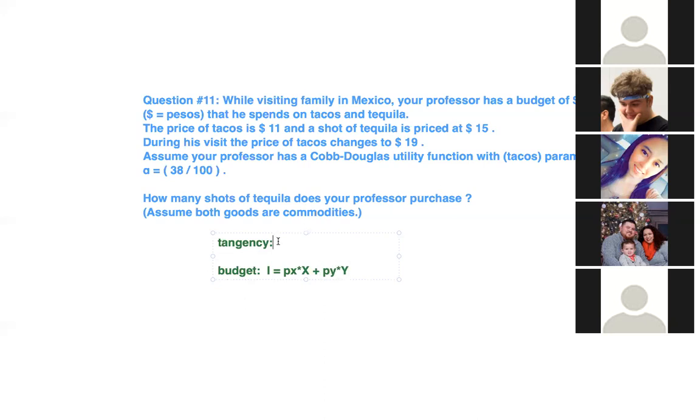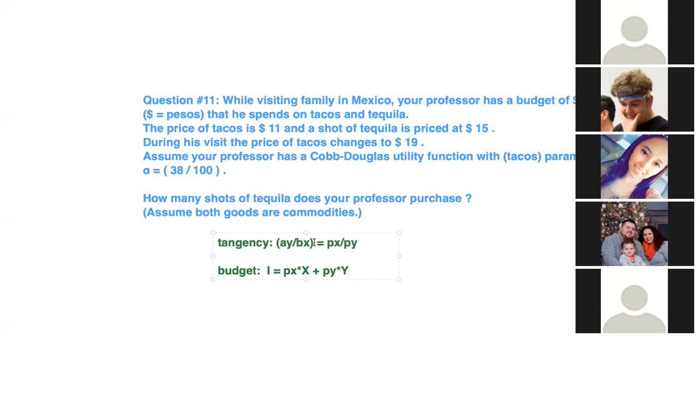And then the tangency, remember, this one's a little bit more complicated. It's alpha y divided by beta x is equal to px over py.